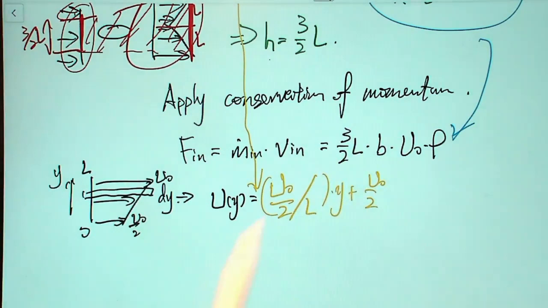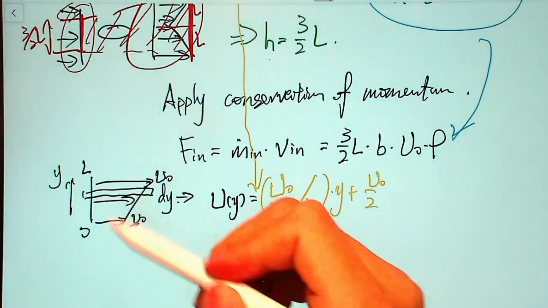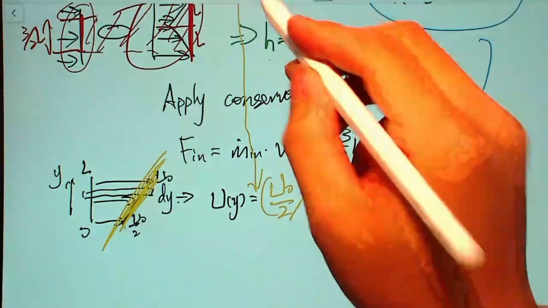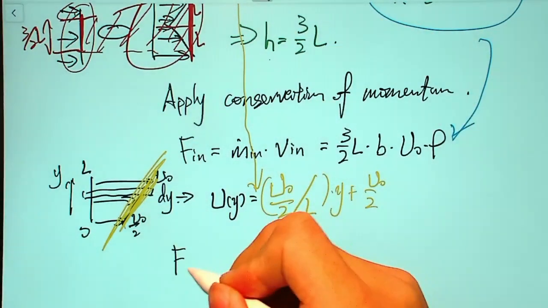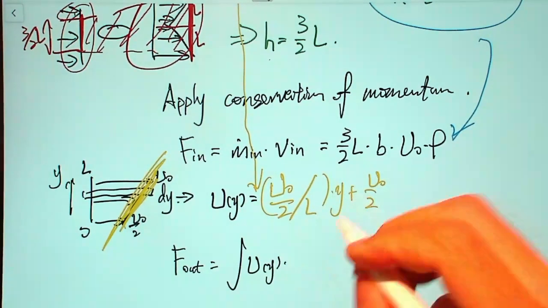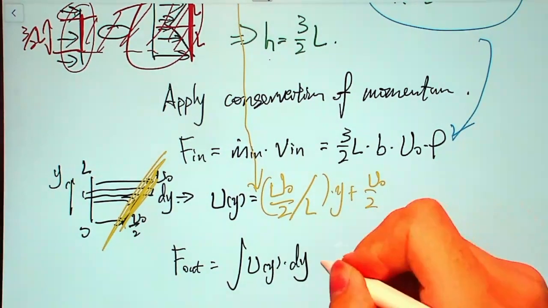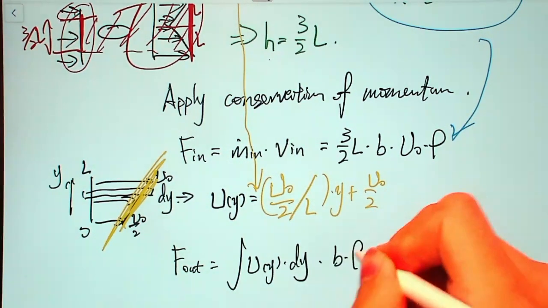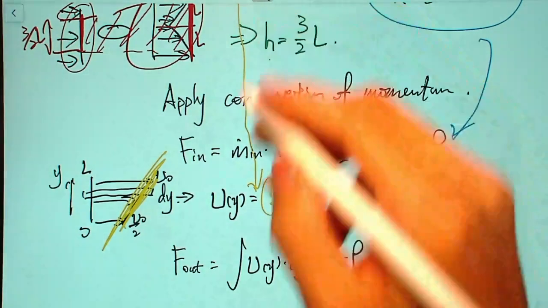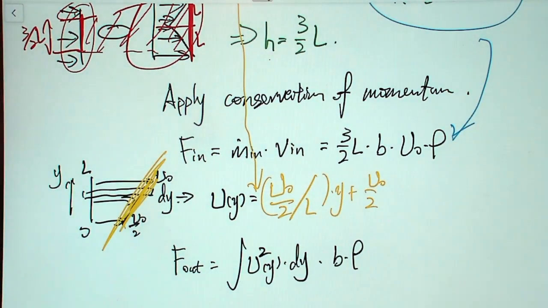So this is exactly how velocity changes along this line. Right, so then the force at outlet is a kind of integration of y times dy times b times density.